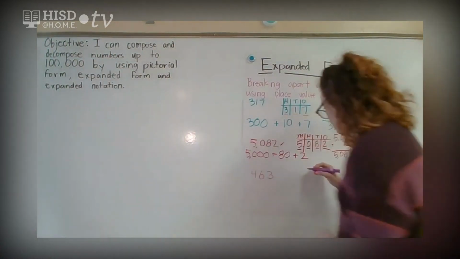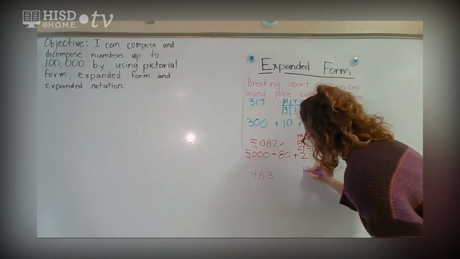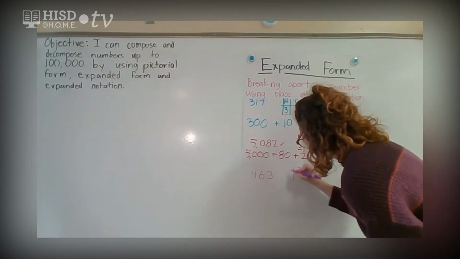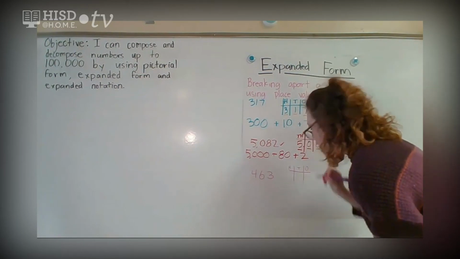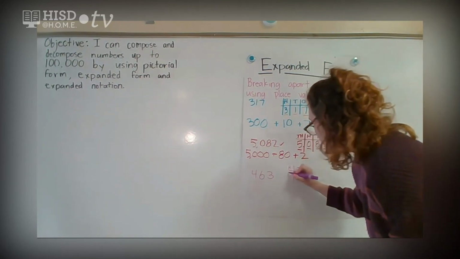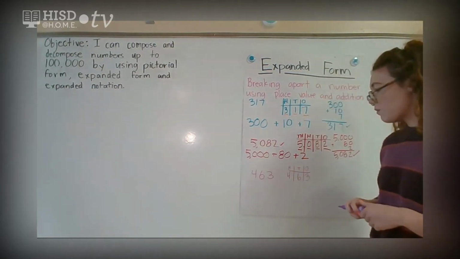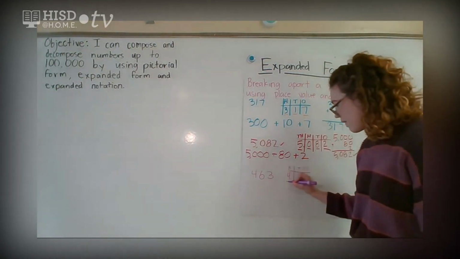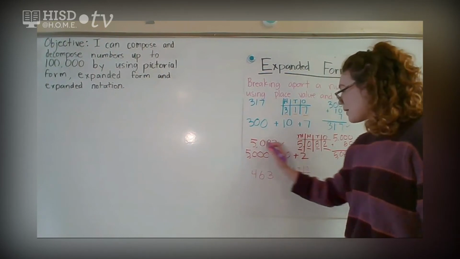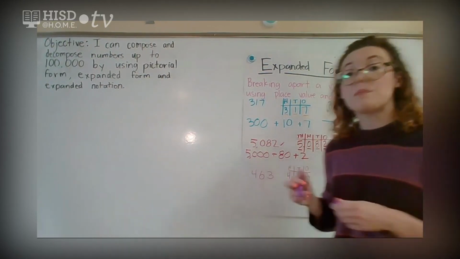We have our ones place, our tens place, and our hundreds place. 463. Now I want you to try and take it apart by its place value to put it in expanded form. I'm going to give you 2 minutes for this.